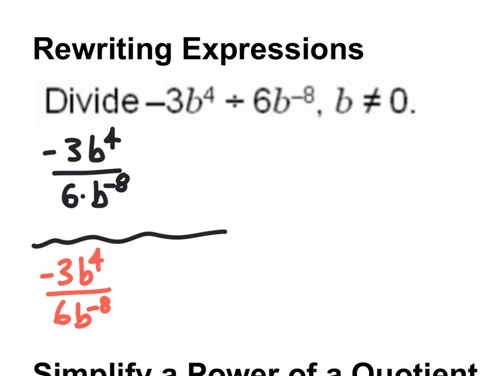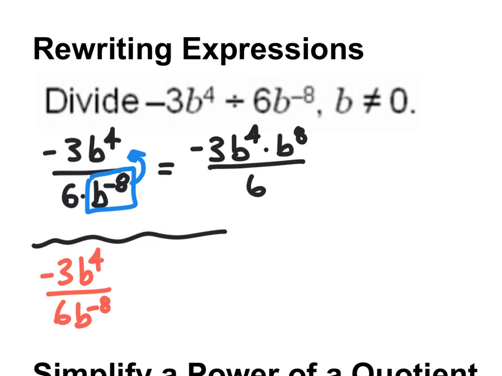So one thing I could do is just do what I do with a negative exponent and take this value of b to the negative 8 and put it in my numerator. So this would give me negative 3b to the 4th times b to the 8th, all divided by 6.